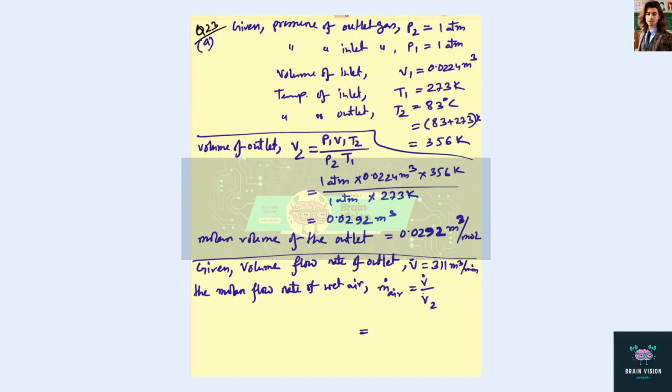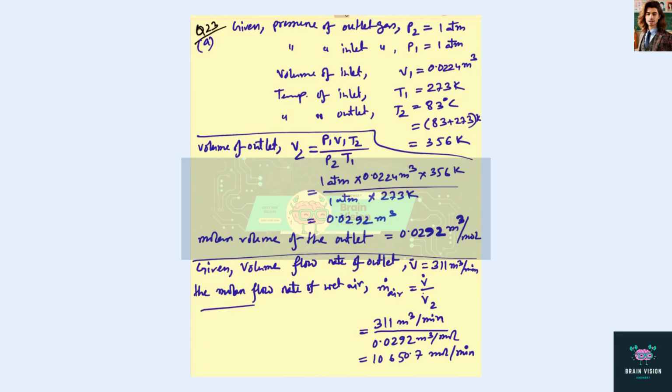Therefore, the molar flow rate of the wet air is the volume flow rate of the outlet divided by the molar volume of the outlet, which is 10,650.7 mole per minute.